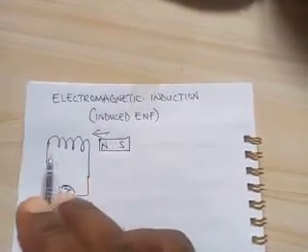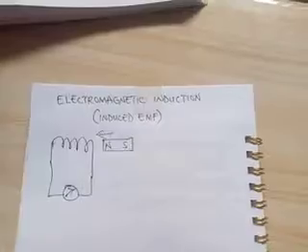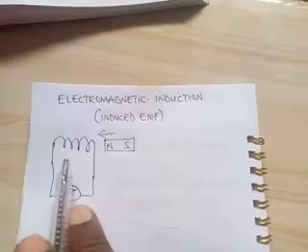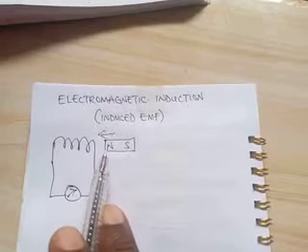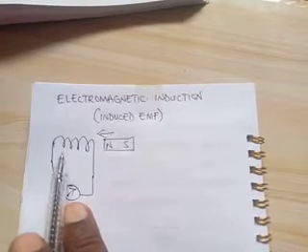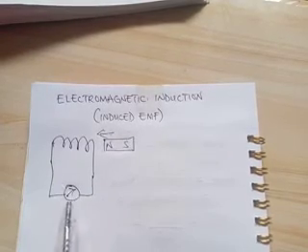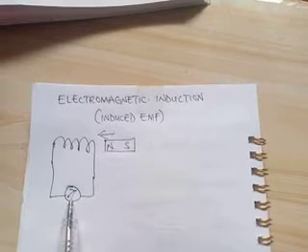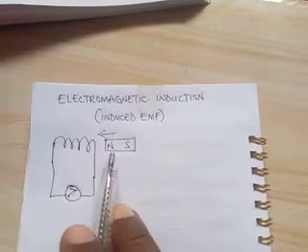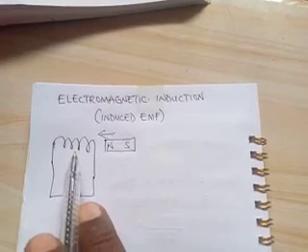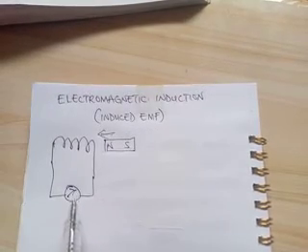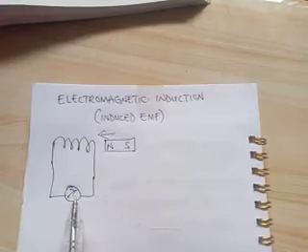If you quickly put this magnet, with its north pole and south pole, into this coil, the galvanometer will read; you should see a deflection. But once the magnet becomes steady with respect to the coil, there will not be any deflection on the galvanometer.